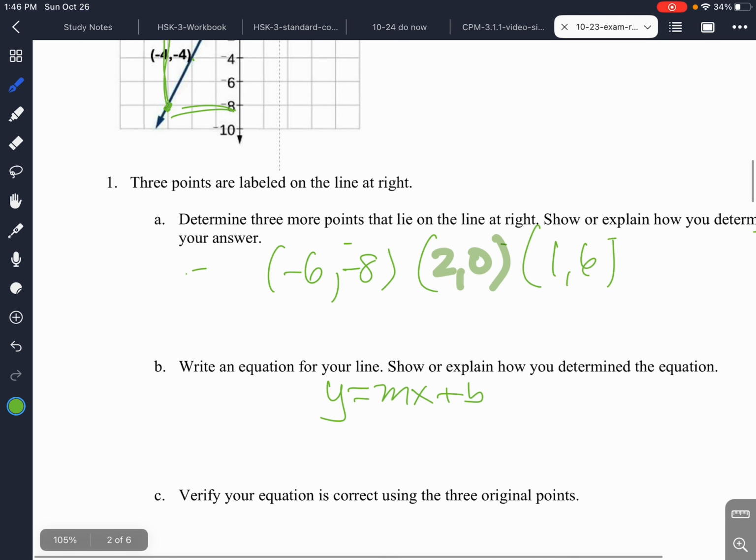So I'm just finding the area of each rectangle. 5 times x gives me 5x, and 5 times 4 gives me 20. So what that says is that 5 times x plus 4 is equal to 5x plus 20. Okay, did that in class on Monday.